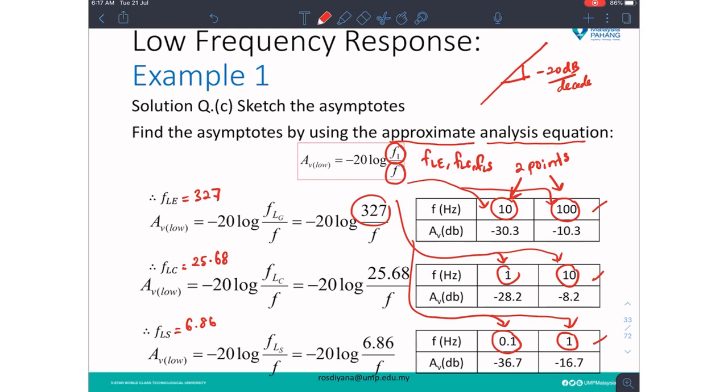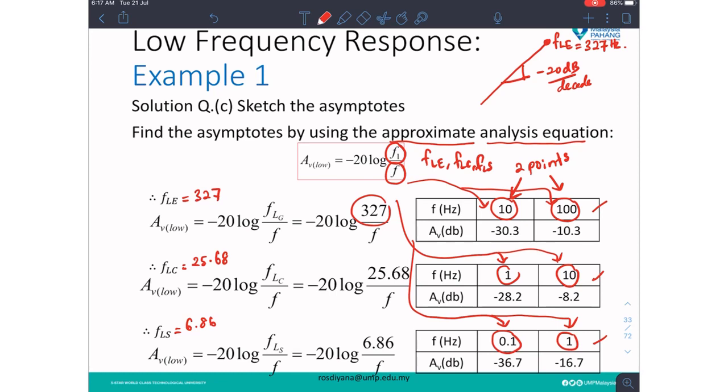To draw the asymptote, this point is the actual frequency that we get if this is the FLE. This point is equal to 327 Hertz.